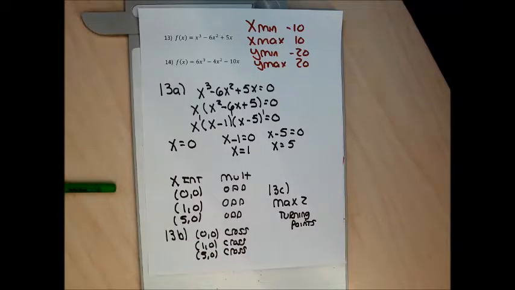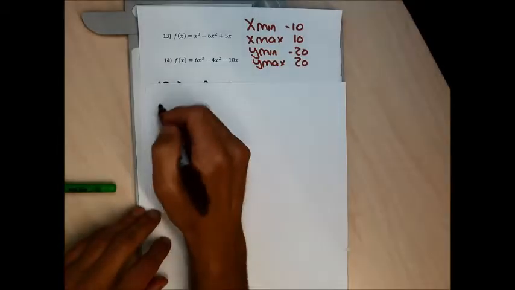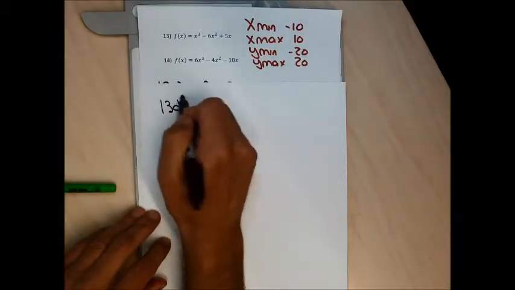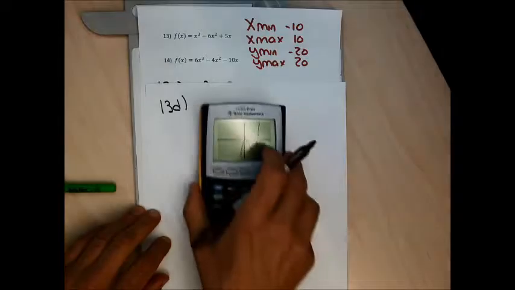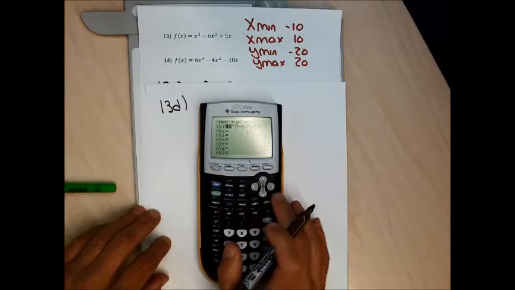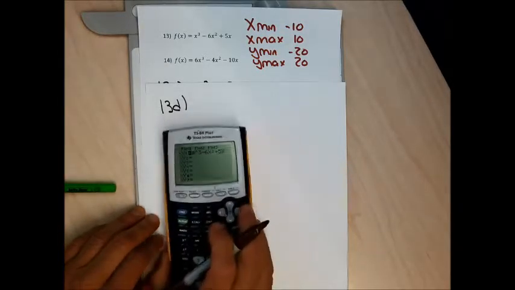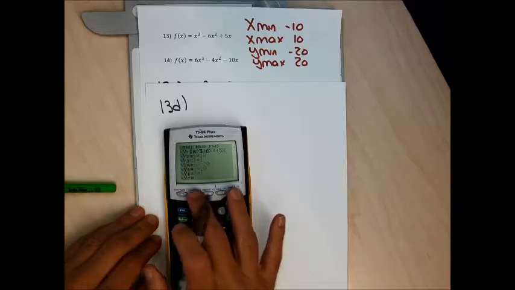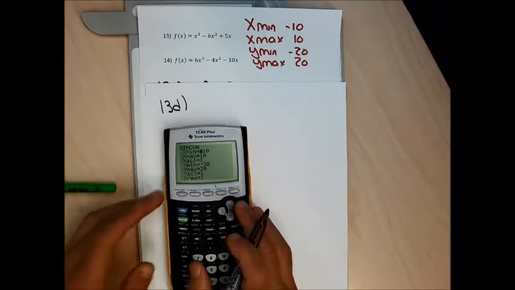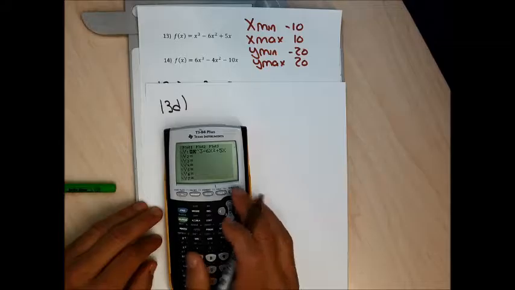Now I'm going to use my window and graph your function for 13D. I'm going to y equals, and I already graphed it to make sure that window was going to work. I use the window negative 10 to 10, negative 20 to 20. The graph looks like that.